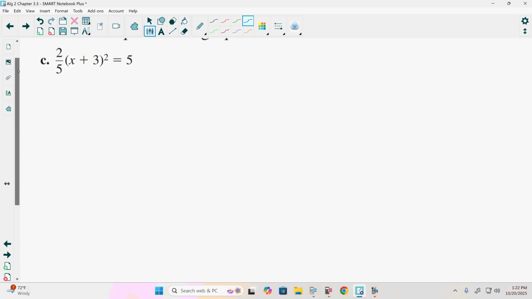We would have to rewrite it so that we just had the variable inside the parentheses. So if it had been like this here, we couldn't just use the square root method. Now, because the only place the variable shows up is inside this parentheses squared, we can use the square root method.